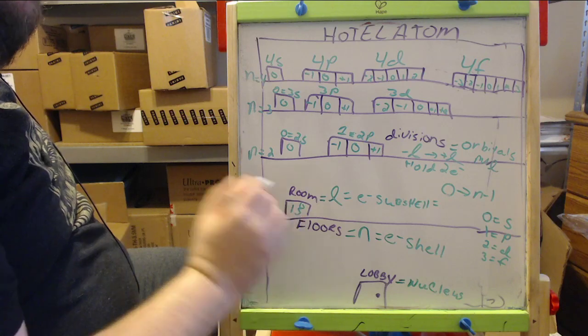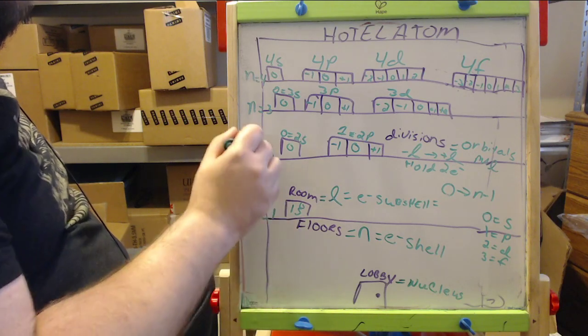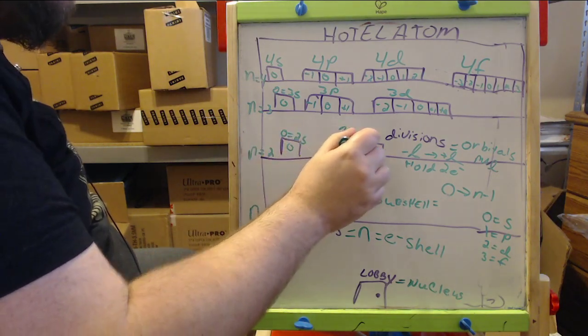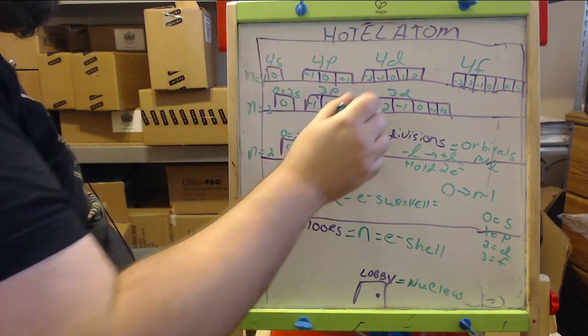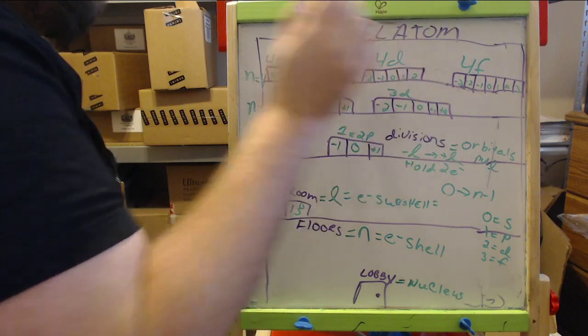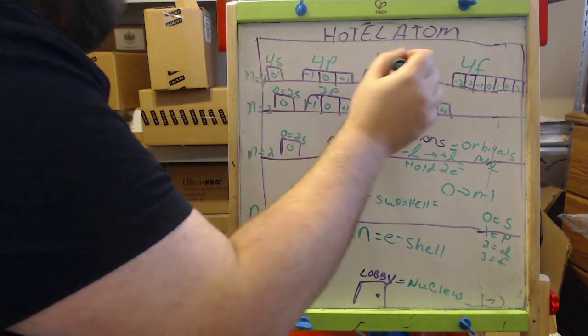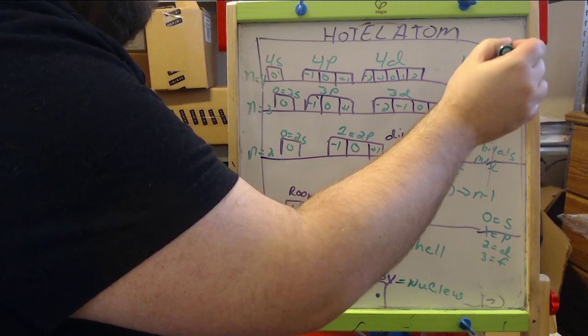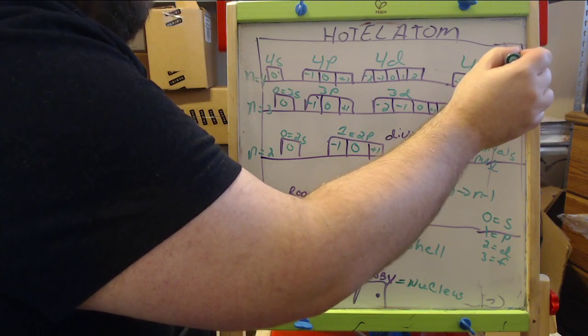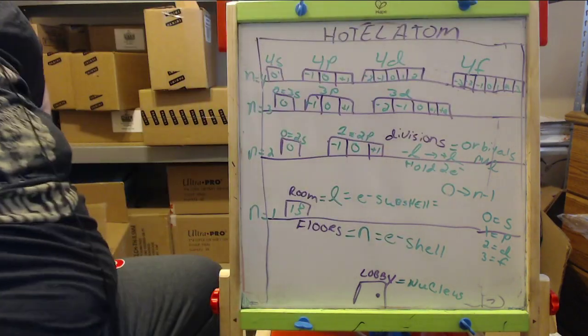So level 1 can hold 2. Level 2 can hold 2, 4, 6, 8. Level 3 can hold 2, 4, 6, 8, 10, 12, 14, 16, 18. Level 4 can hold 18, 20, 22, 24, 26, 28, 30, 32 electrons total.